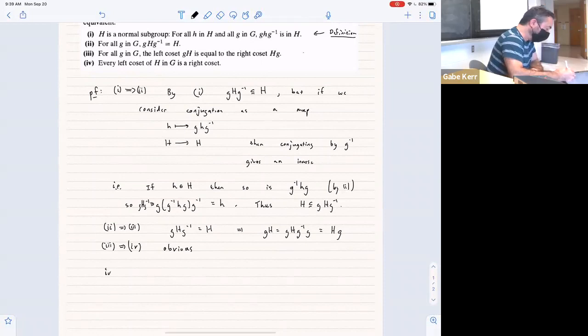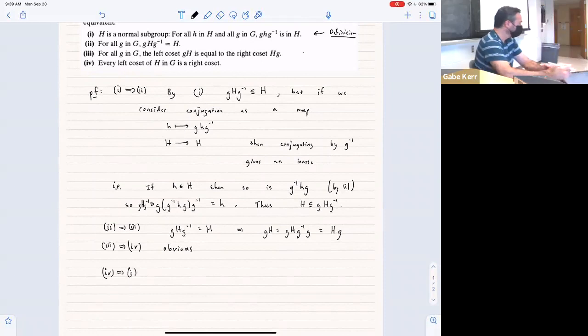And the last one, 4 implies 1. So what do we have to do for that?